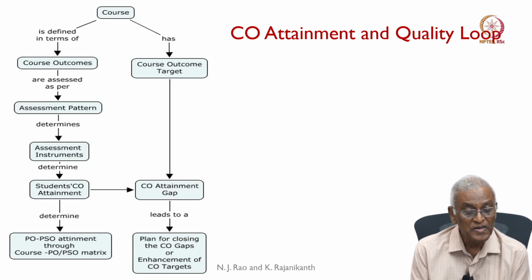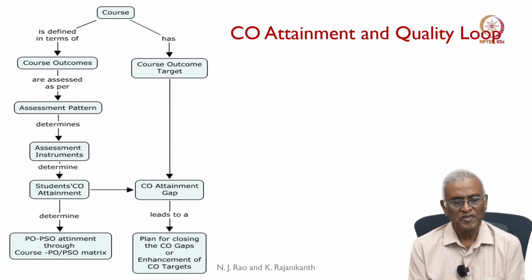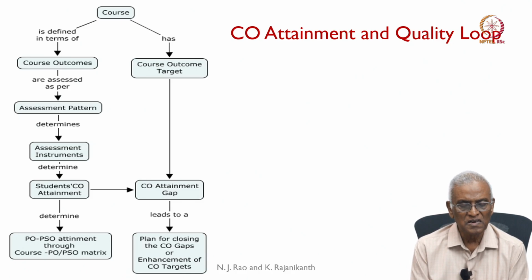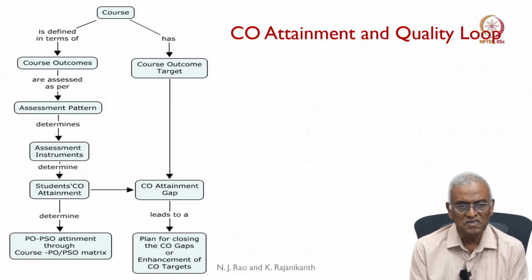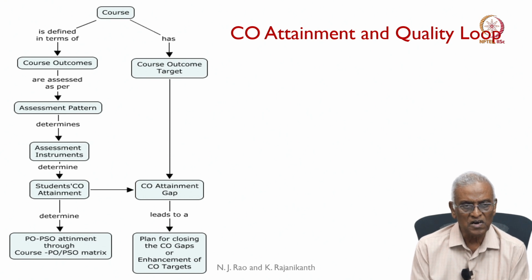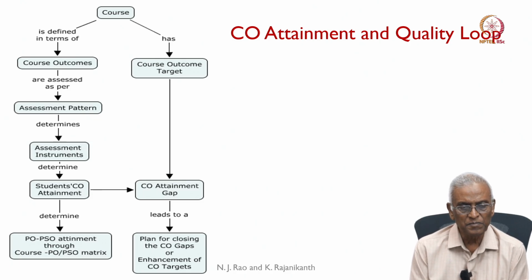So you set some kind of a target, and the issue is, have we reached the target? To what extent did we fall short of that? And what do I do in terms of planning my instructional activities that will enhance the attainment of these outcomes?